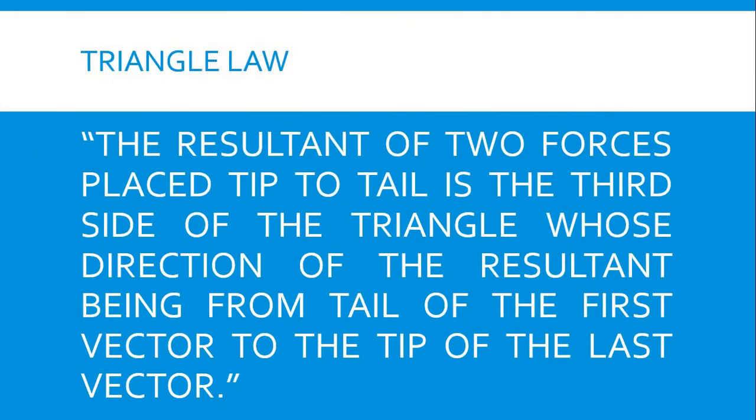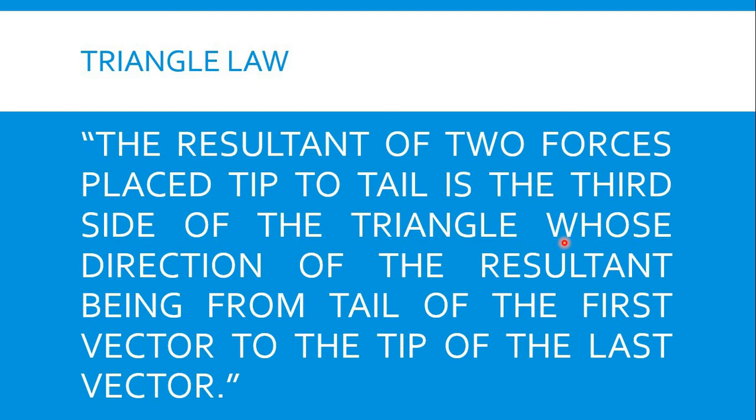Next is the triangle law, and it states that the resultant of two forces placed tip to tail is the third side of the triangle, whose direction of the resultant is from the tail of the first vector to the tip of the last vector. So for example, there are two forces that are put in the Cartesian plane, namely P1 and P2.